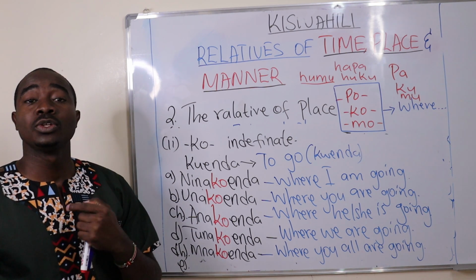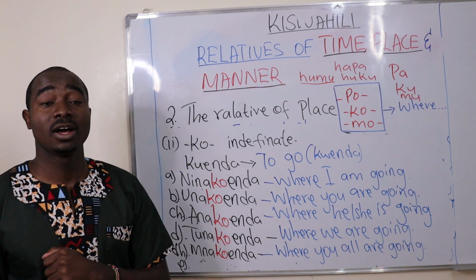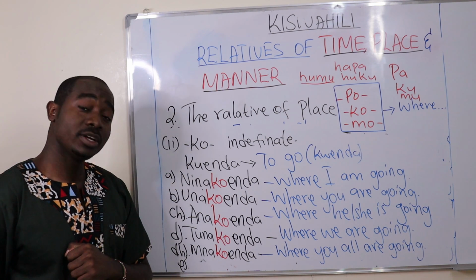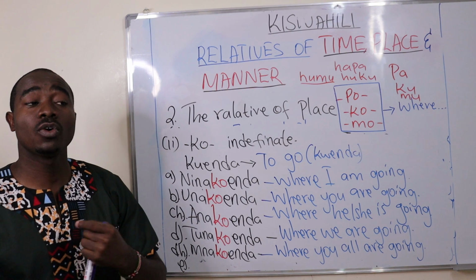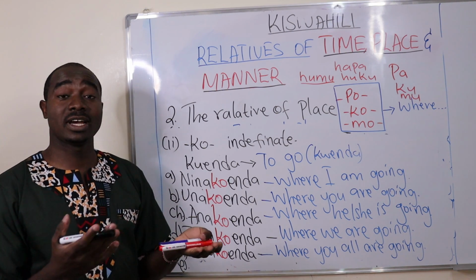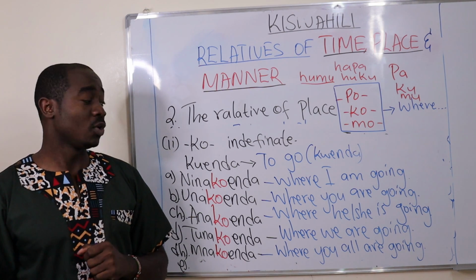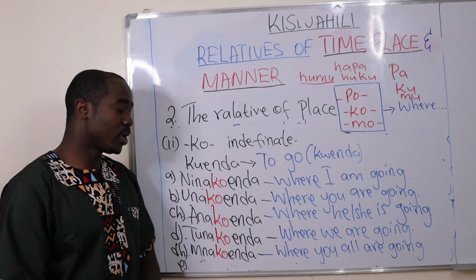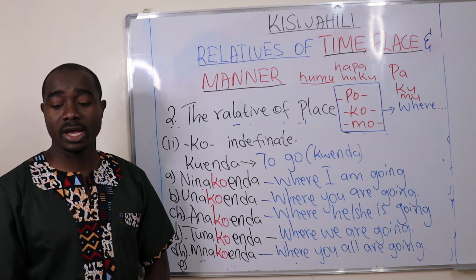Tunakoenda kuna jua. Where we are going, it is sunny or there is sun, you know. Tunakoenda kuna jua. This one. Mnakoenda.